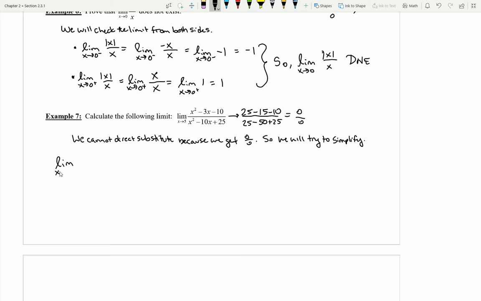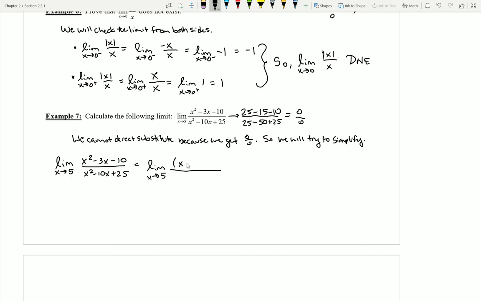So the limit as x approaches 5 of x squared minus 3x minus 10 over x squared minus 10x plus 25. How could I possibly simplify this? What options do I have? Oh, well, one option is to try to factor the numerator and the denominator.